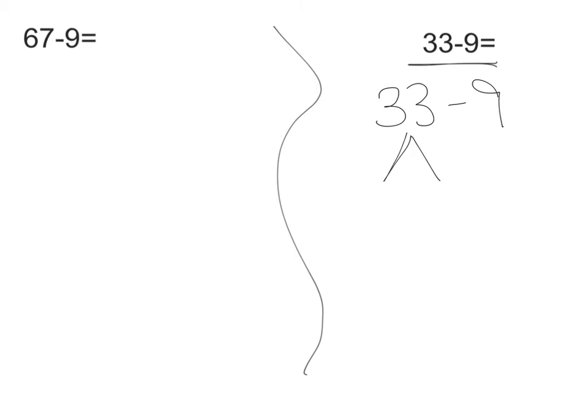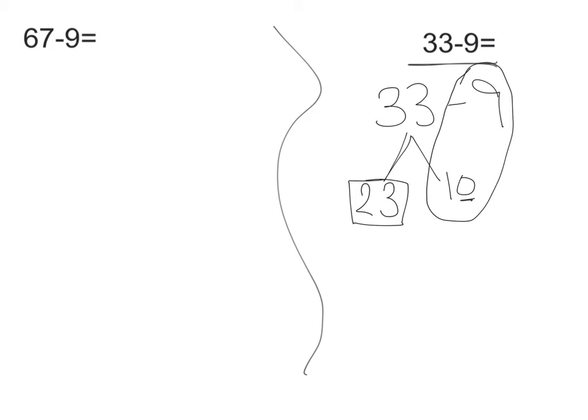So I can see that 9 is a really high number, but I know that if I take away 10, well, take out 10 from 33, it would be easier for me to solve 10 minus 9. But then I need to answer what goes here. Well, I know because I'm taking away 0 ones on this side that my 3 here will stay in the ones place. However, I am taking out 1 ten. So 3 tens minus 1 ten is 2 tens, so 23.